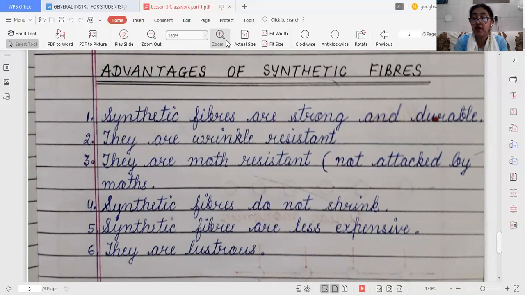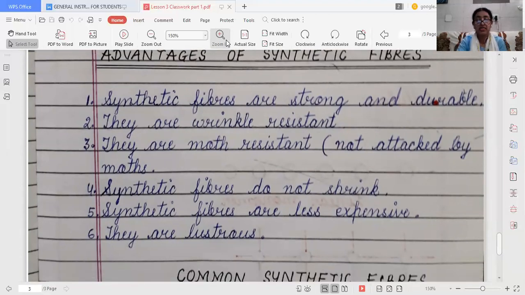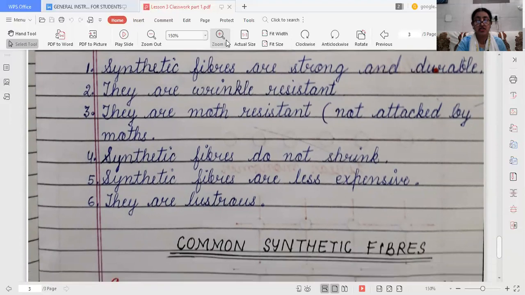Then synthetic fibers are less expensive than natural fibers. Natural fibers are expensive, but synthetic fibers are cheap. And synthetic fibers are lustrous. What does it mean? Lustrous means a shiny appearance. So synthetic fibers are lustrous.